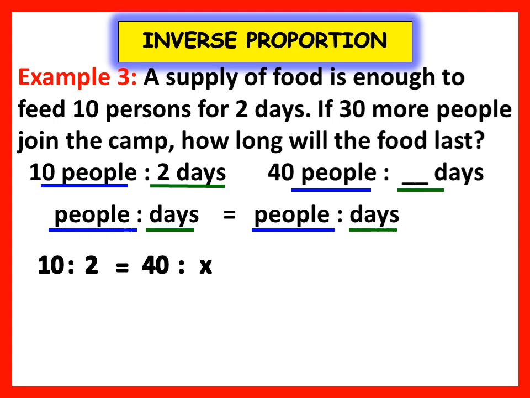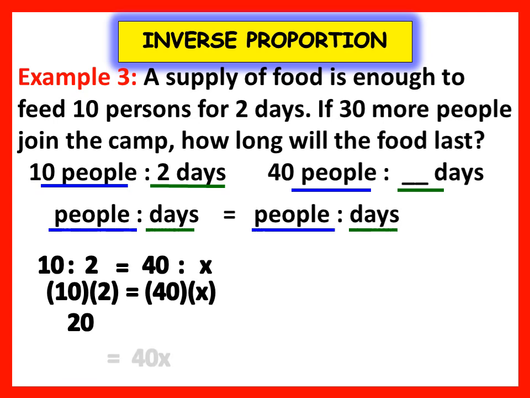So in solving inverse proportion, it is different from solving direct proportion. Be careful of solving it because we are going to use this one. We will multiply 10 by 2 equals 40 times x. Then 10 multiplied by 2 is 20.